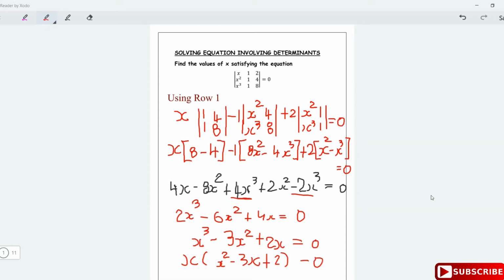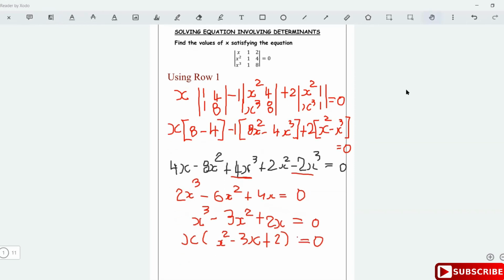Nice. Now we'll go ahead and solve this, which is very easy from here. To finish factorizing, it's x times x minus 2 times x minus 1 equals 0. This gives back minus 3x, yes. So the solutions are x equals 0, x equals 1, or x equals 2. That's how we solve this equation.